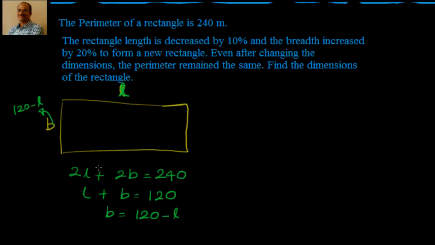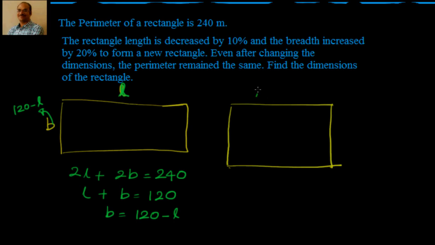Now, once we have these dimensions in terms of L, let's modify the rectangle. The length is decreased by 10%, so approximately I will reduce the length, and increase the breadth by 20%. So let me do that, and we get another rectangle.